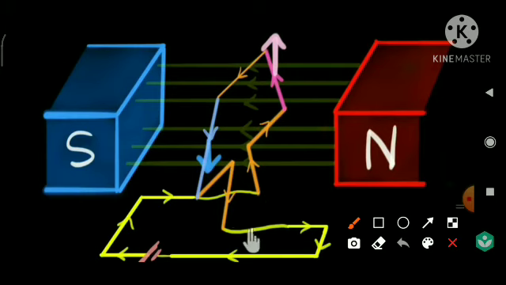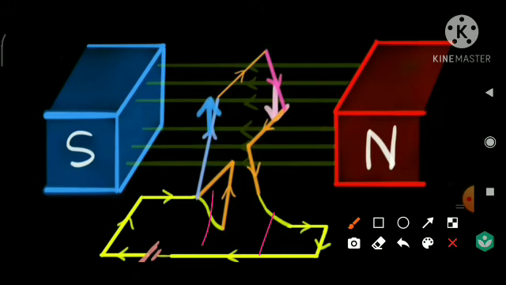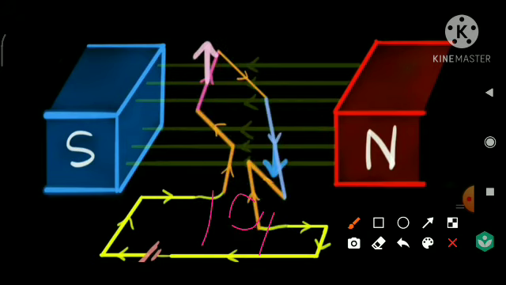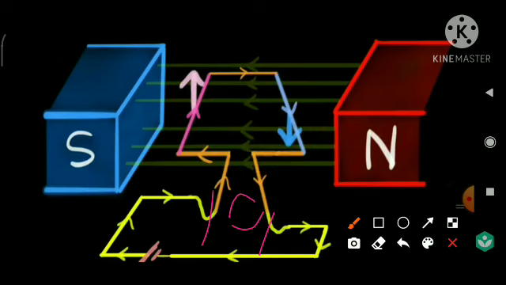Yes, what we have done, they cut the wire to rotate in the clockwise direction. They cut the wire and joined it to split rings. By the split rings they can do like this, reversing, again twisting, again reversing.